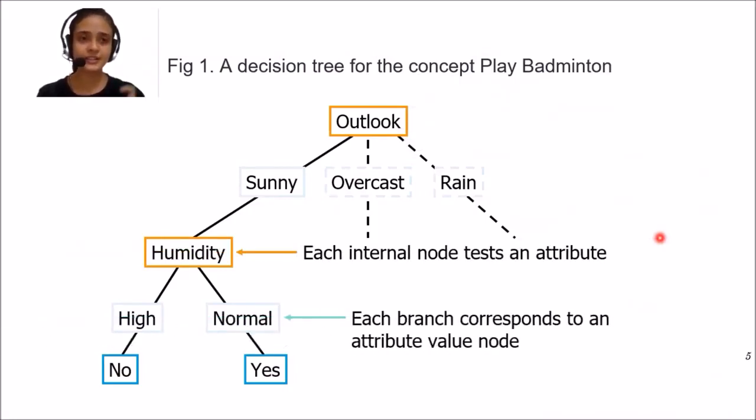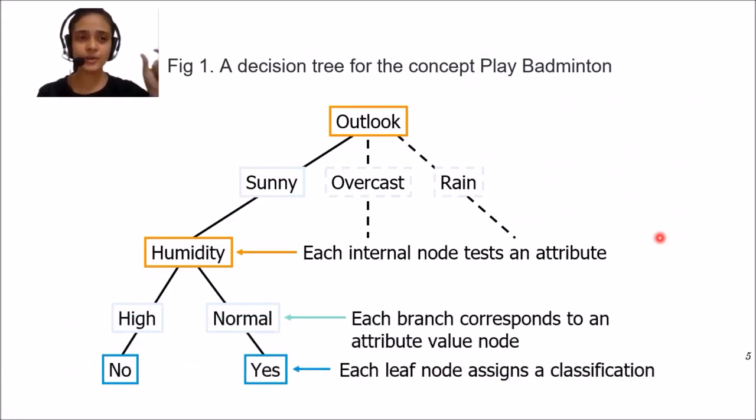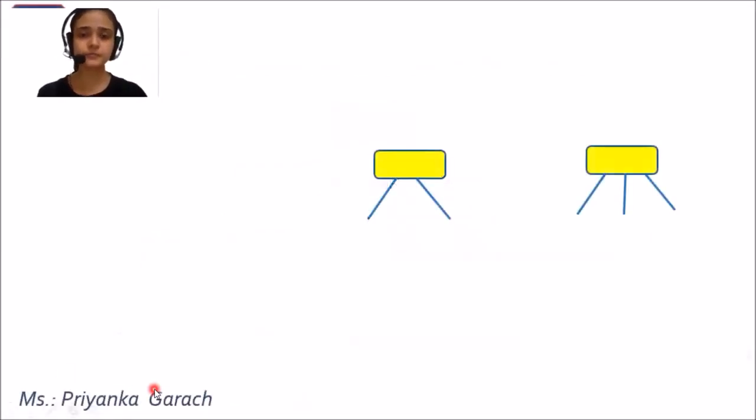The branch represents its values, and the leaf node always represents the class label. You have to remember that the leaf node in the decision tree always represents your class label, that is, whether a person can play badminton outside or not. It is showing the two answers, yes and no.